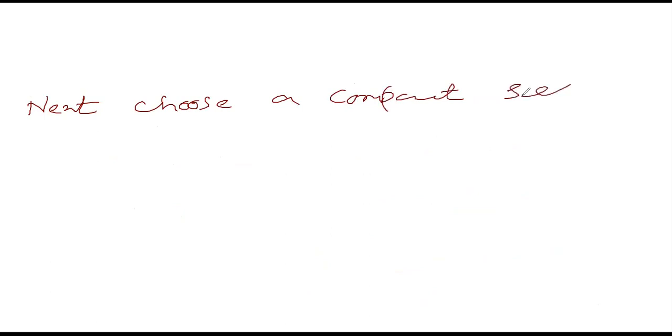Next, choose a compact set C such that C is a subset of V for the open set V, because the measure of open sets is given in terms of compact sets.